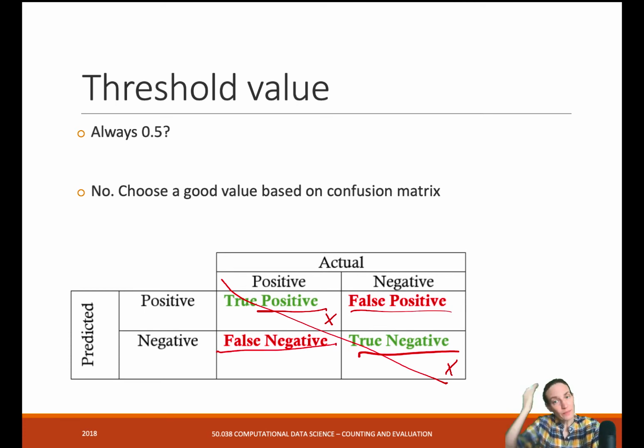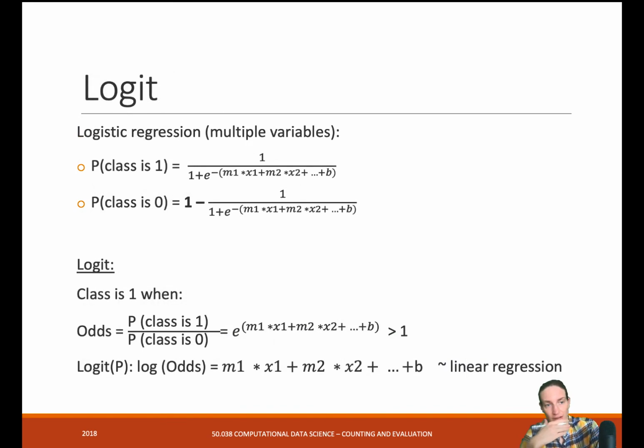All right, so there's a concept I want to talk a little bit about, which is logit. So in logistic regression, take the case that we have multiple variables. As I mentioned, your x really is a vector.